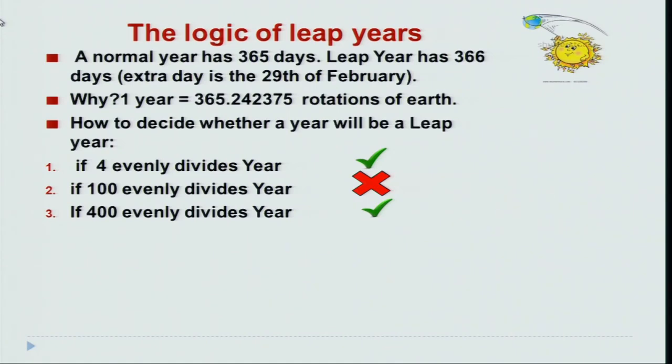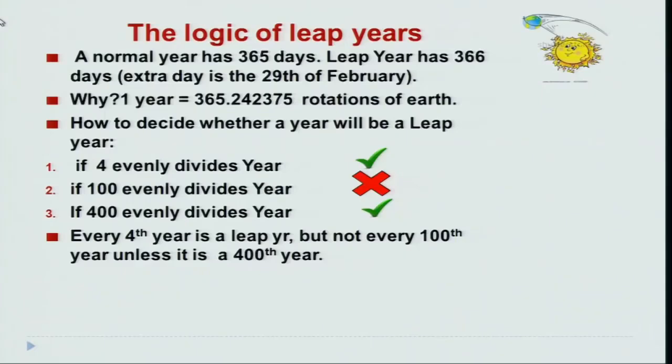The logic that I have outlined says that if a year is a multiple of 4, then it is a leap year, but if a year is a multiple of 100 as well, then it is not a leap year, but if it is a multiple of 400, then it is a leap year. Here is a pretty complicated expression. Every 4th year is a leap year, but skip every 100th year unless it is also a 400th year.